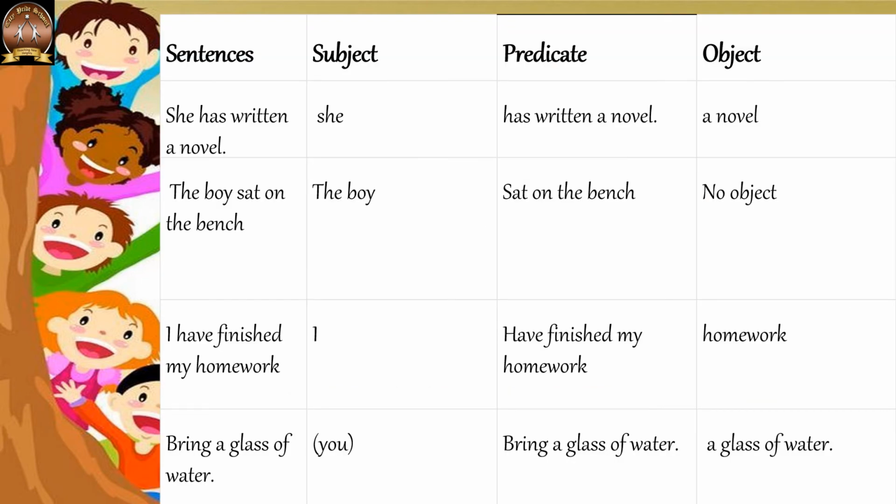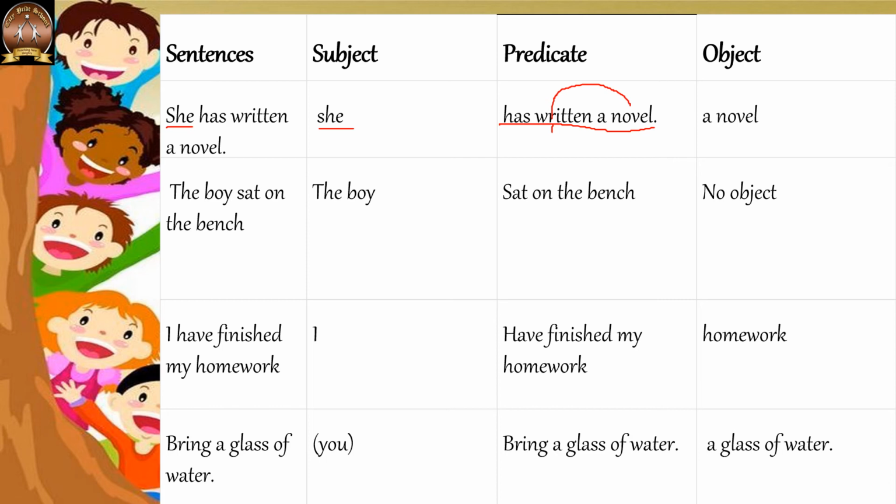Now let us see a few examples and divide them into subject, predicate, and object. She has written a novel. She is a pronoun. The sentence is about she, so she becomes the subject. As you know, the predicate starts from the verb, so has written a novel becomes the predicate. Now has written is a verb. Written what?